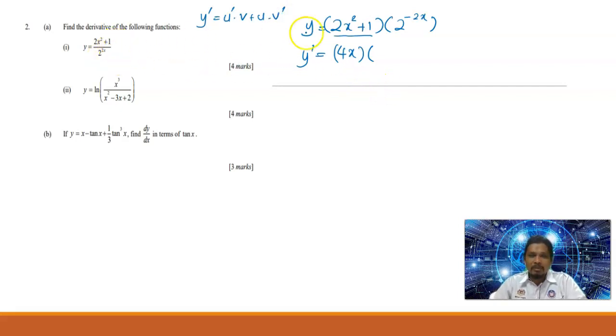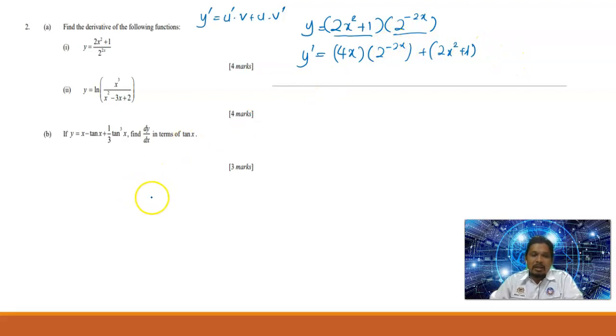So 4x multiplied with 2 to the power of negative 2x plus 2x squared plus 1. Just now we differentiated 2x squared plus 1 to give 4x. The next one, we just write this all here, and it's time for us to differentiate this.